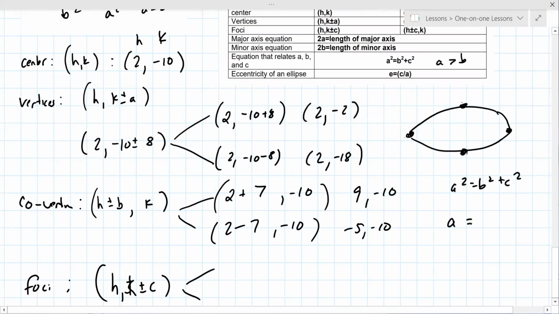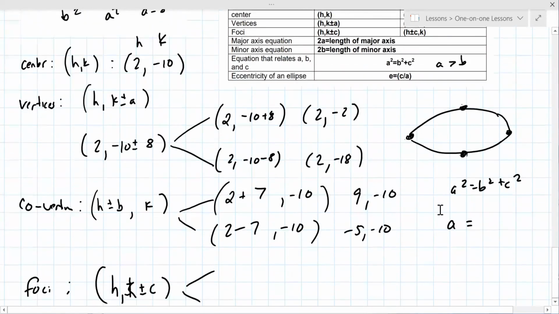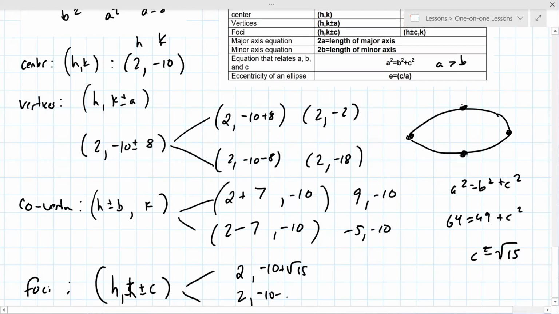A squared is 64, B squared is 49. So C is equal to the square root of 15. So your H is 2, and K is negative 10 plus square root 15, 2 comma negative 10 minus square root of 15.